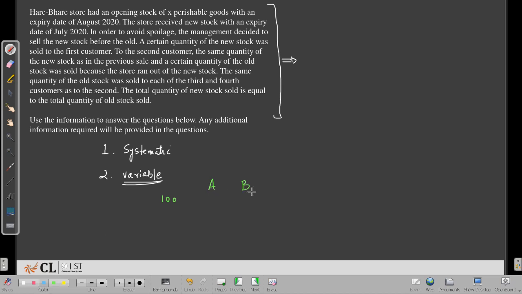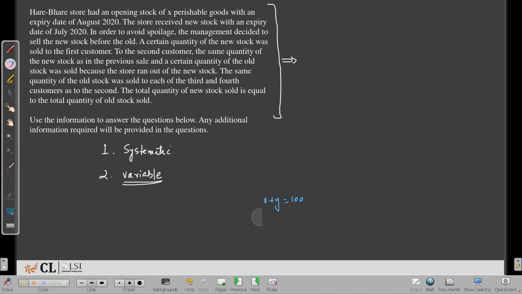One way to look at it is A receives X, B receives Y, and X plus Y should be equal to 100. Here we have used two variables, X and Y, and this was actually not needed at all. Because if A receives X, B receives the remaining, which is 100 minus X. The same information can be captured by using just one variable, which is X. That's something you should do in these kinds of questions.